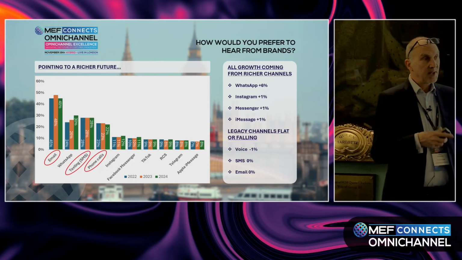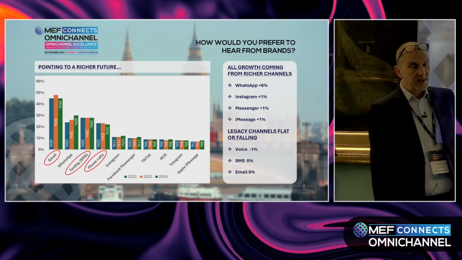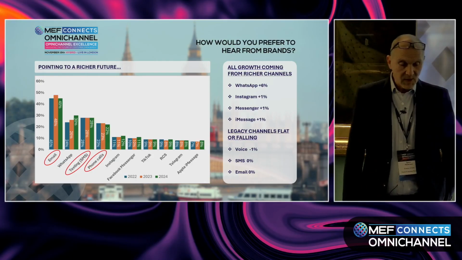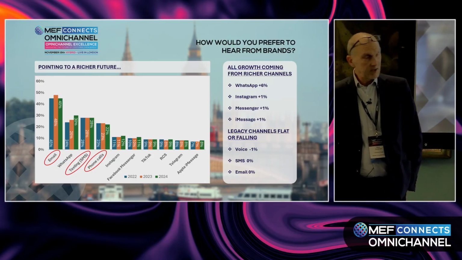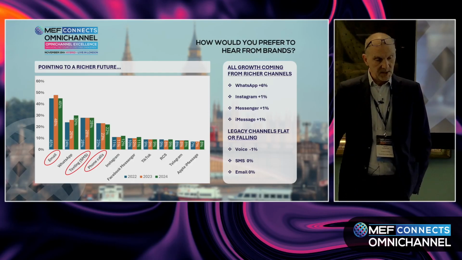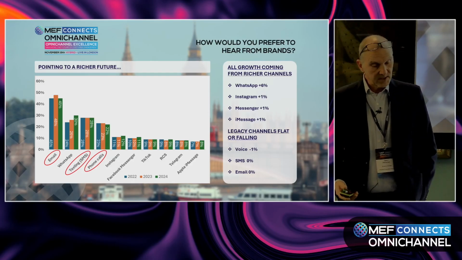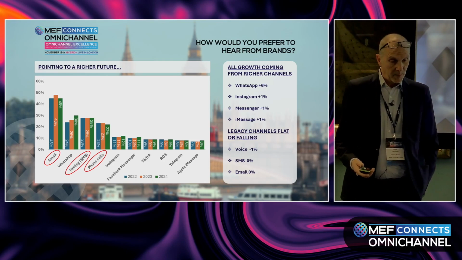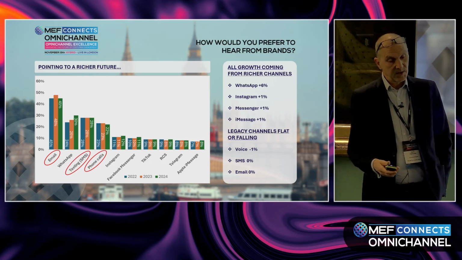Just taking the top 10 channels of everything that they prefer here, email is still the most preferred. But over the past 3 years, all legacy channels, as you can see here, email, SMS, and phone calls, are either flat or falling in terms of preference. All the growth is coming from the rich channels.